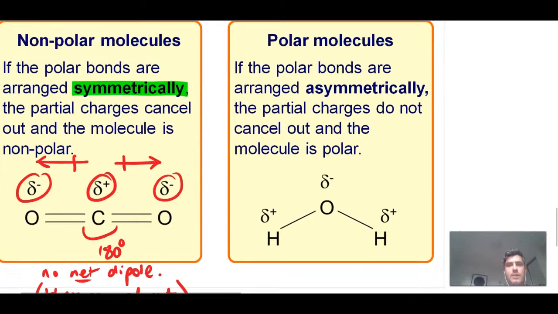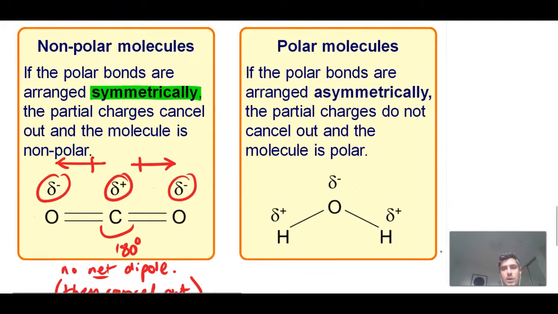However, if we suddenly have an asymmetric molecule like water with polar bonds, suddenly, because we have the electrons being pulled up towards the oxygen there and up towards the oxygen there by the polar bond, overall we have a negative end at the top and we have a positive end at the bottom.